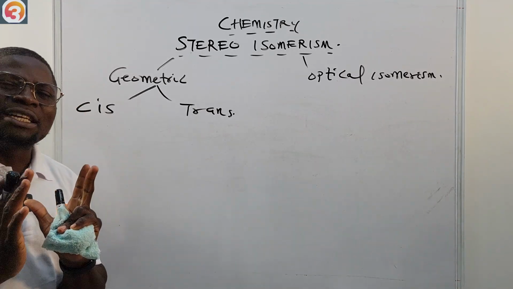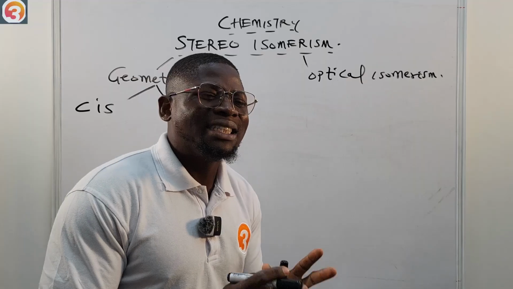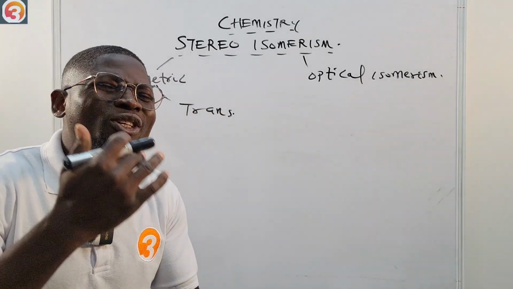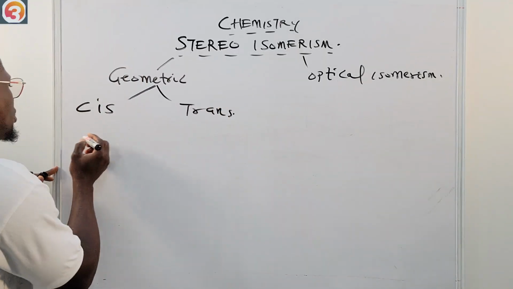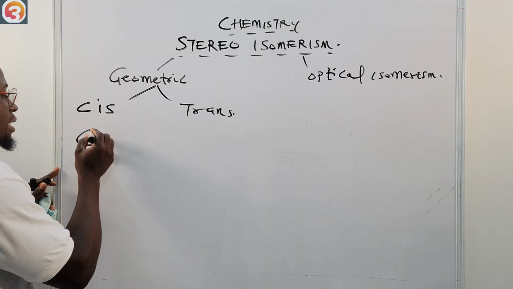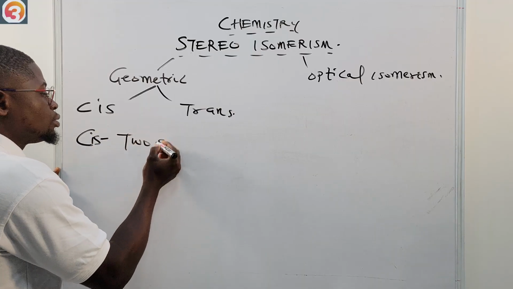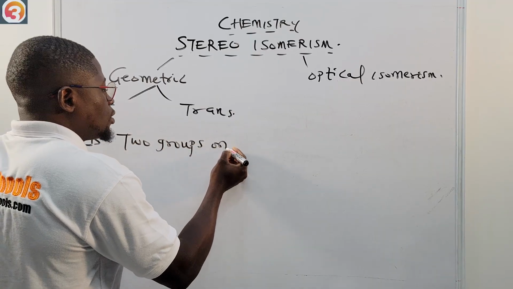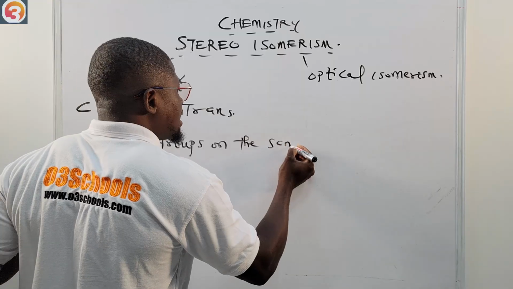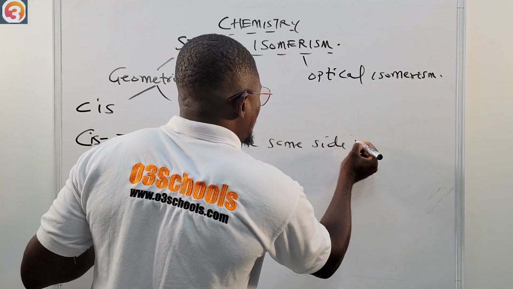Cis geometric isomers are those isomers that have two groups on the same side. Trans geometric isomers have two groups on different sides. Please take note of that.